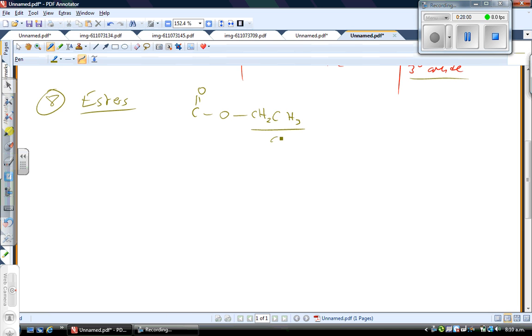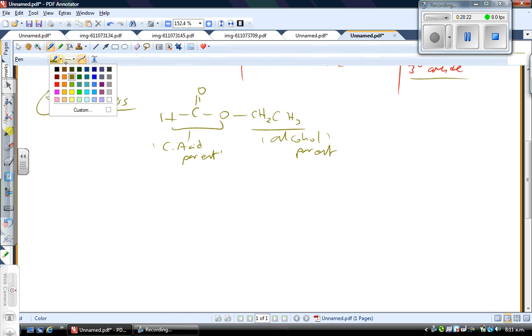And the side group here would have originated from an alcohol, so that would have been from the alcohol parent. And then this part here would have been from the carboxylic acid parent. And that's why esters look the way they do, because you took an alcohol parent and a carboxylic acid parent and you stuck them together. So you need to bear that in mind when naming esters.